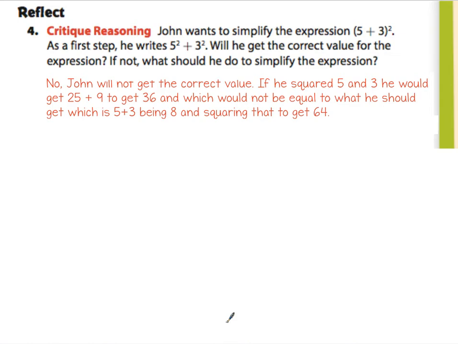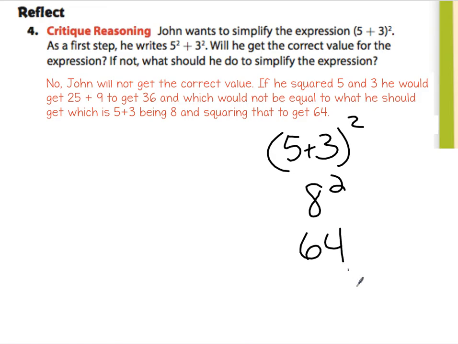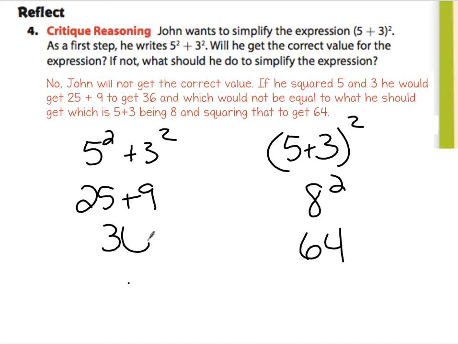Whereas if he were to add the 5 to the 3, like he's supposed to, that gives him 8, and squaring that, he would have gotten 64. But what he did gave him 25 plus 9, which only gave him 36.